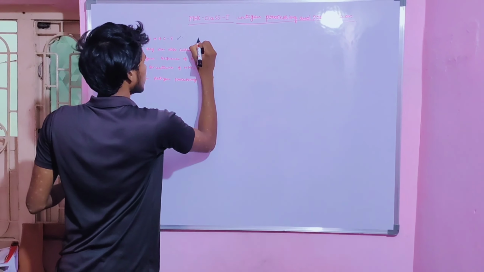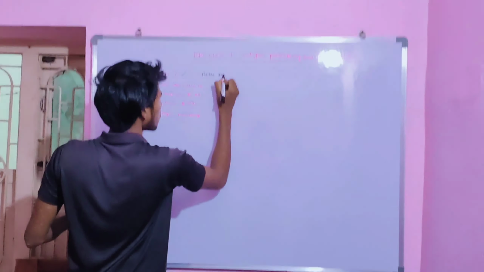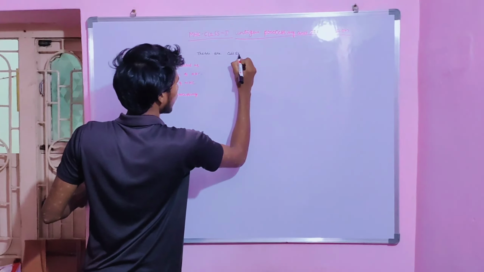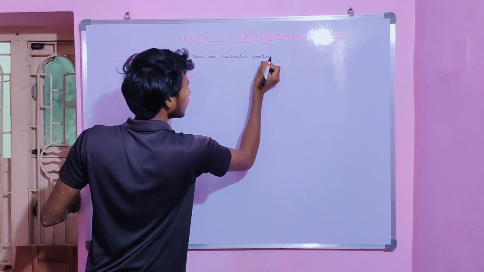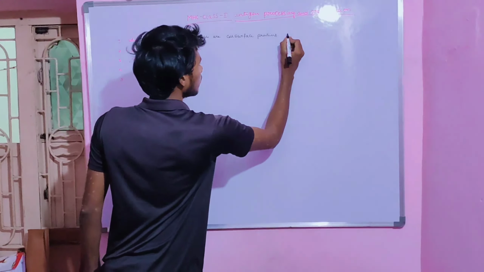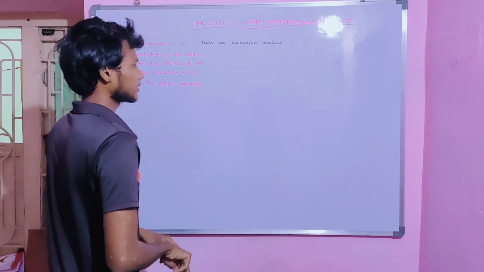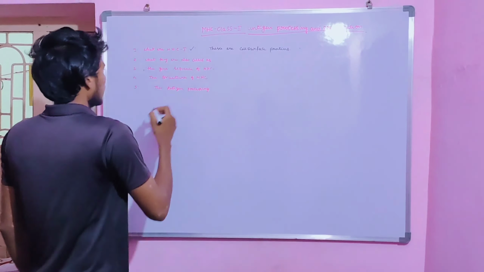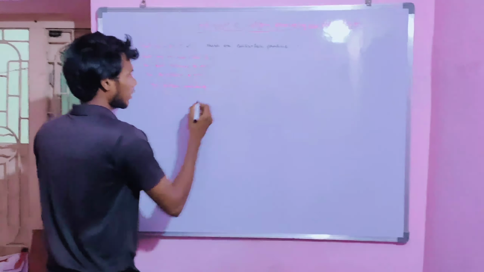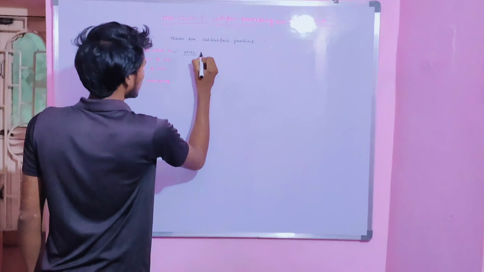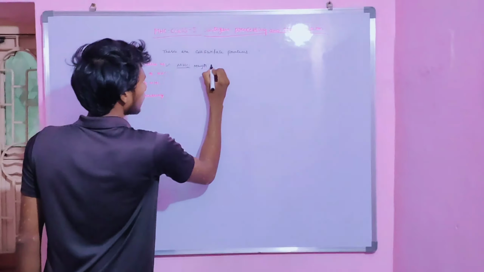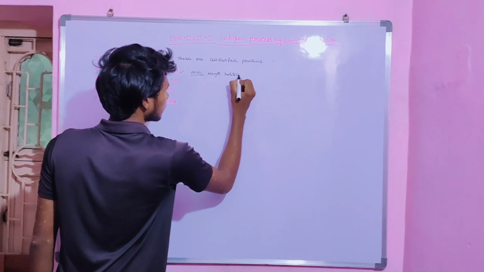MHCs are nothing but cell surface proteins, okay, which carry an antigen to the cytotoxic T cells like CD8 positive cells. And they are also called major histocompatibility complexes.